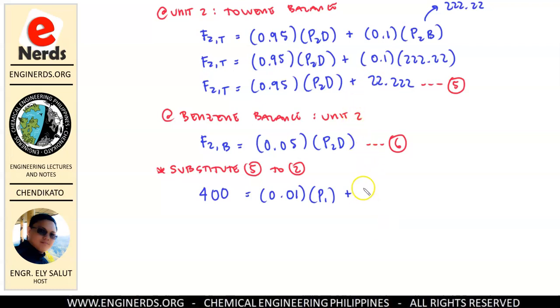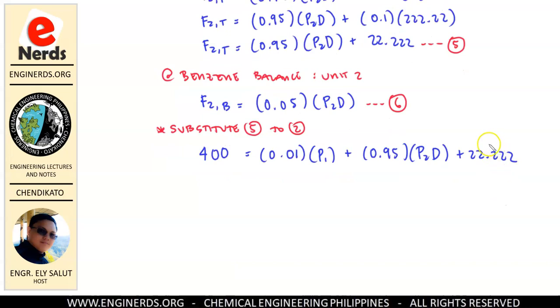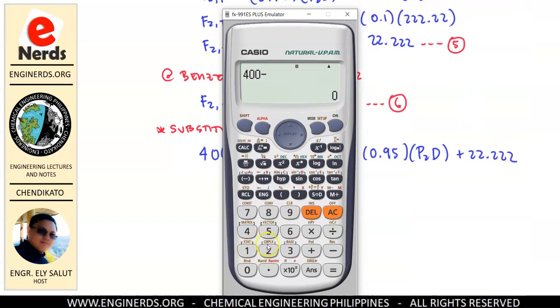So we will be substituting that here. We have 0.95 times P2D plus 22.222. Okay? So sinubstitute lang natin yung equation 5 sa equation 2 natin. Okay? So therefore, we can now transpose 22 to the left side of our equation. So we will have 400 minus itong nasa right side natin, 22.222.